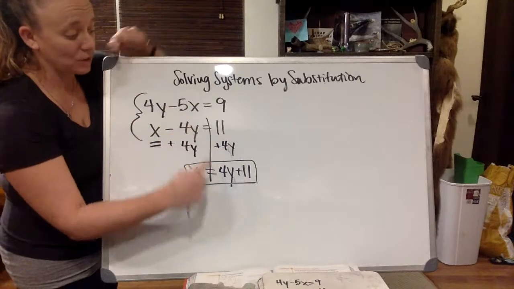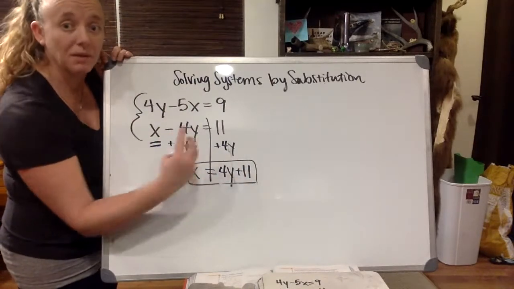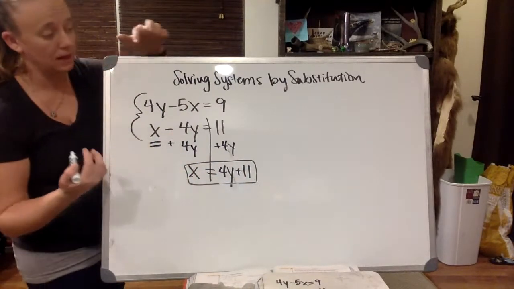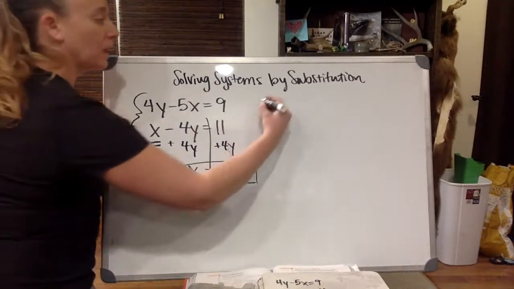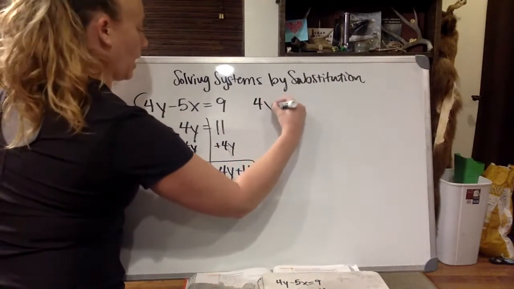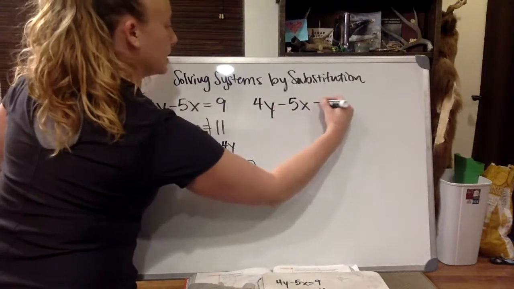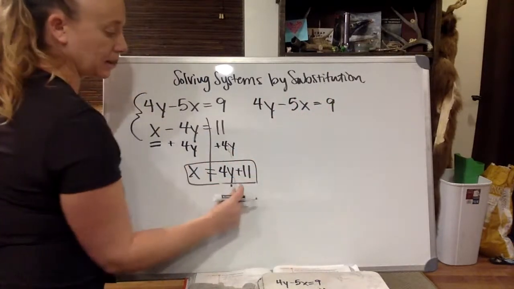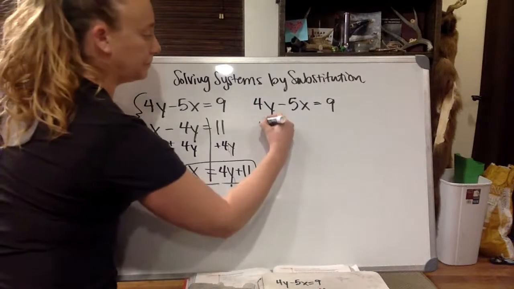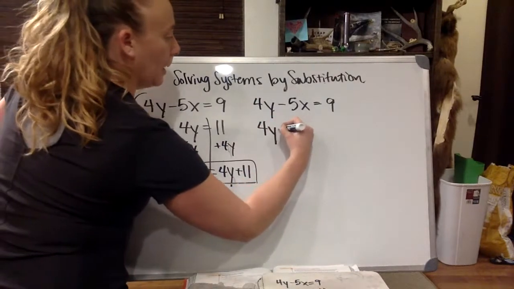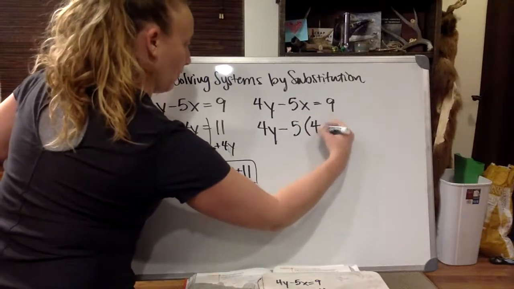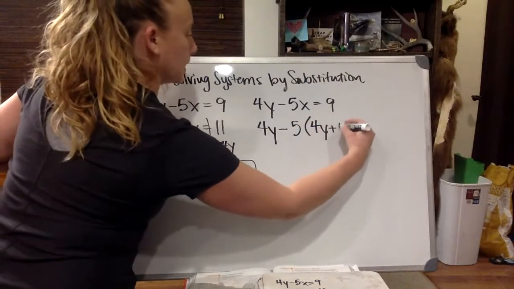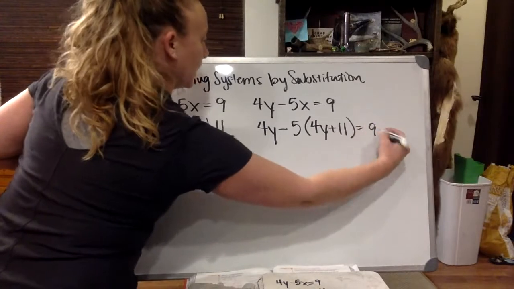That means this 5 is going to multiply this entire expression, meaning I'm going to have to add parentheses. So I'm now going to substitute this in here. I have 4y minus 5x is equal to 9. Instead of writing x, I'm writing 4y plus 11. 4y minus 5 times (4y plus 11) is equal to 9.